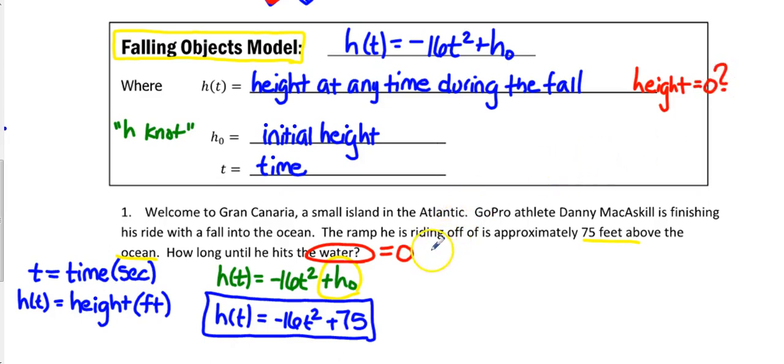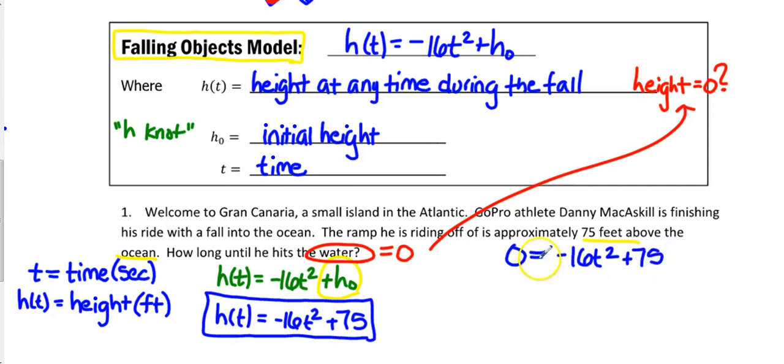That's what this question is asking. And h of t represents that current height. So we are actually going to set this model equal to 0. So we have let h of t be 0.